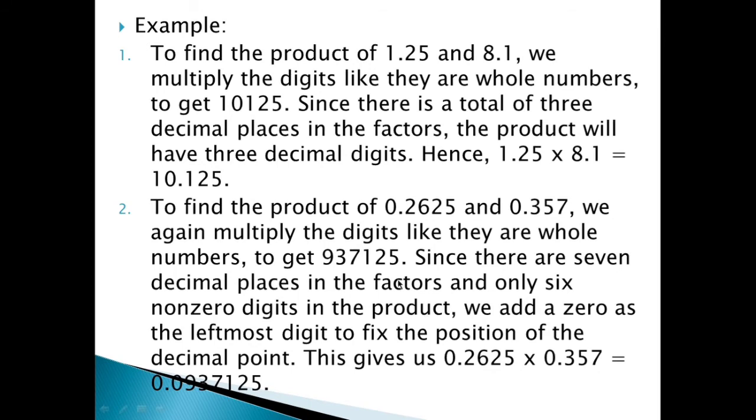Since there are 7 decimal places in the factors and only 6 non-zero digits in the product, we add a 0 as the leftmost digit to fix the position of the decimal point. Thus, this gives us, so we add a 0 in front. Okay, so the answer will be 0.0937125.